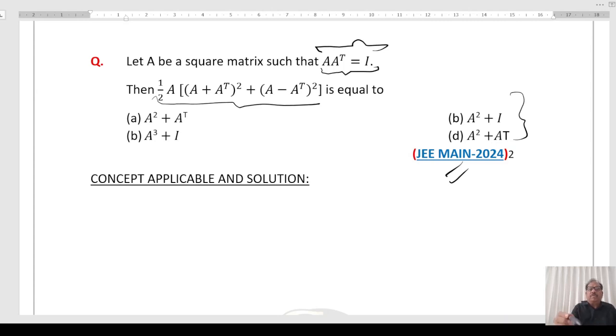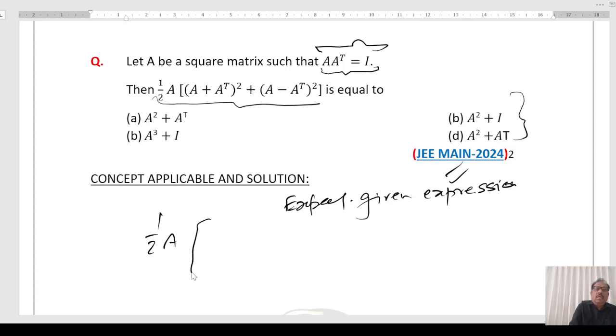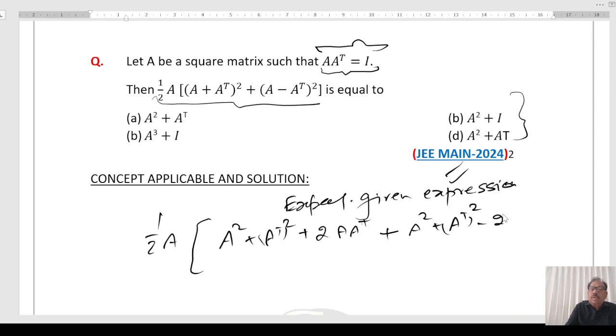Now, expanding the given expression. So half of [A square plus A transpose whole square plus twice A A transpose, plus A square plus A transpose whole square minus twice A A transpose].